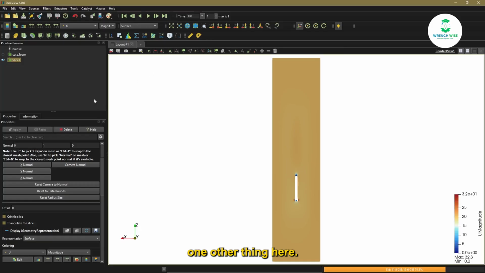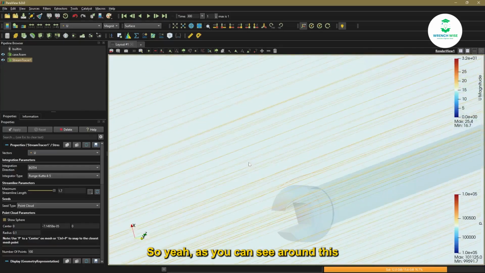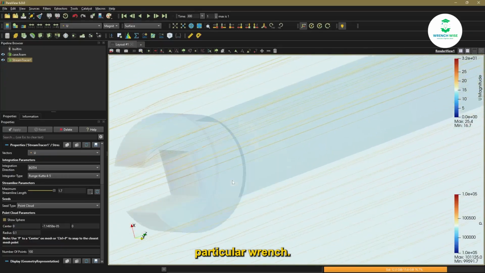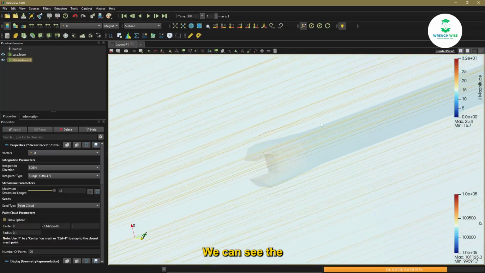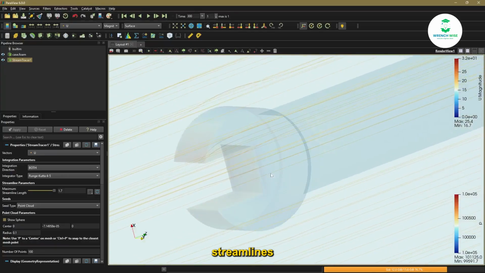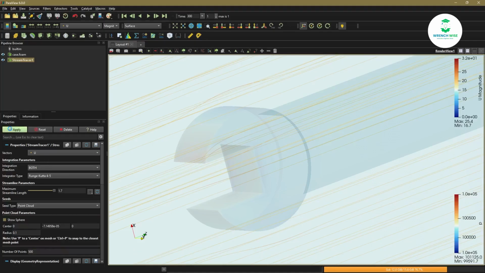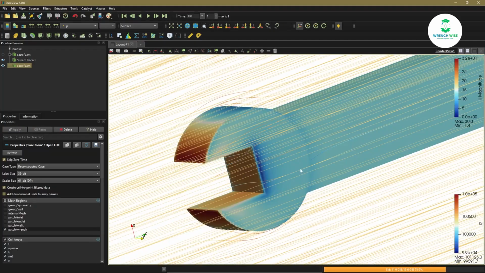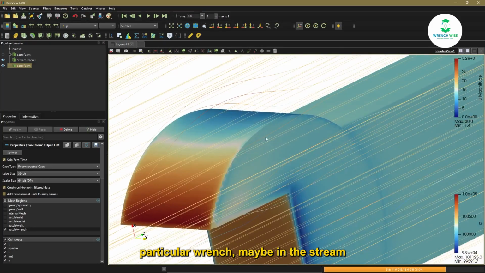Let's do one other thing here. As we can see, around this particular range we can see the streamlines. Perhaps let's increase the streamlines. So we have the streamlines around my particular range.